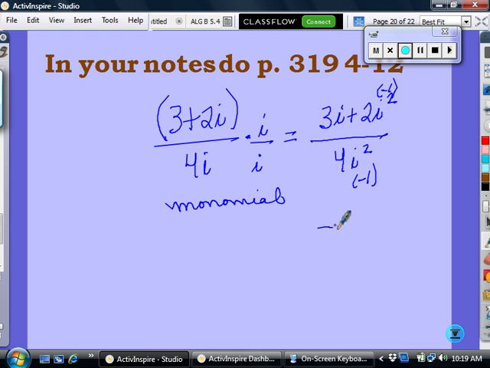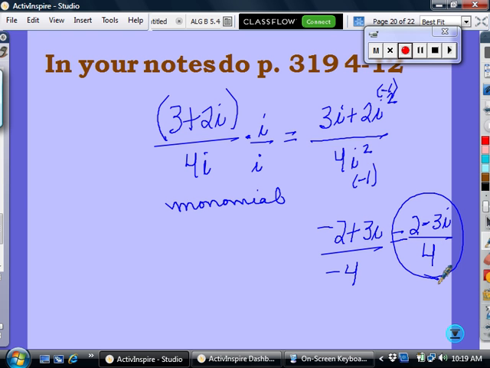Negative 2. See how the real became imaginary and the imaginary became real on that? And then over what? Negative 4. You know what they normally do not do on any problem is leave a negative in the denominator. So if I brought that negative up, all it would do was change the signs of everything. This is the way that answer would be left.